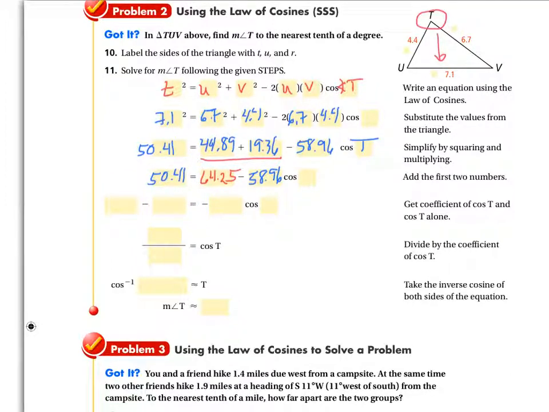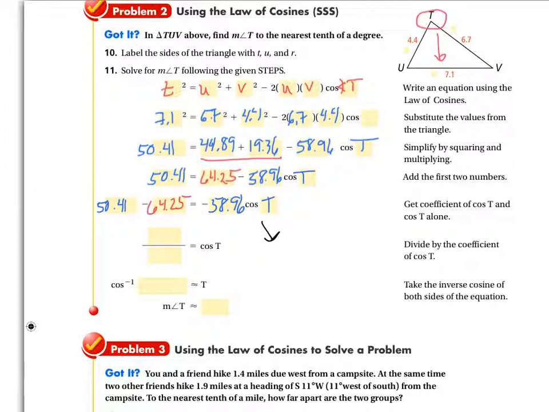So we have the 50.41 minus the 64.25 equals the negative 58.96 cosine of T. And then they skipped a step, didn't they? So we're going to put out here the step that they skipped.